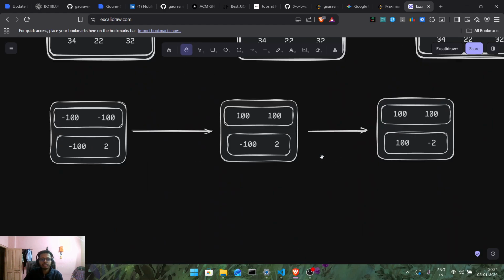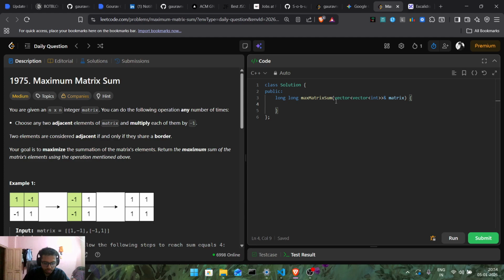So can we code it up? Let's see. First, let's take n equal to the size of the matrix. That's the normal thing. And we have to take a variable called mini, the smallest absolute value of the matrix.